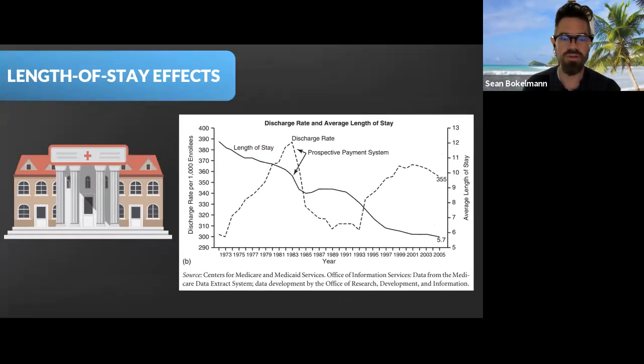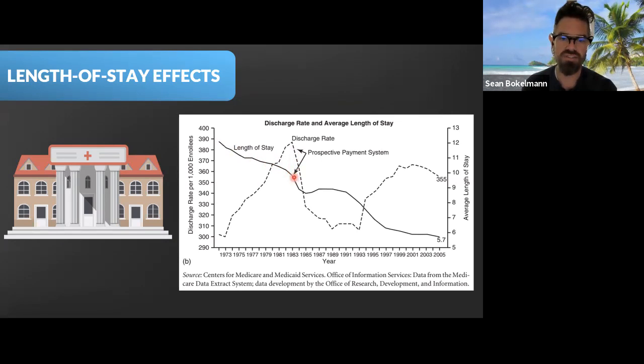Another way we can look at it is length of stay, average length of stay, as well as discharge rate, which is the rate at which hospitals are discharged. And we see the same sort of story, although it's not as clear. It appears that length of stay was already declining. Now, part of that might be because of technological progress, right? As technology improves, people don't have to stay in the hospital as long.